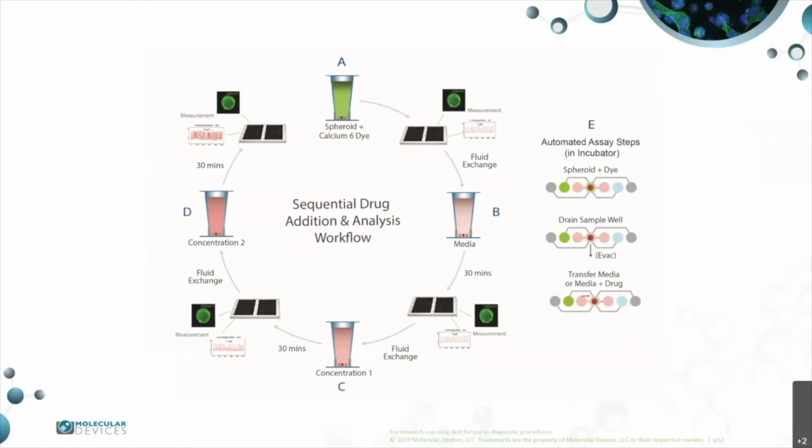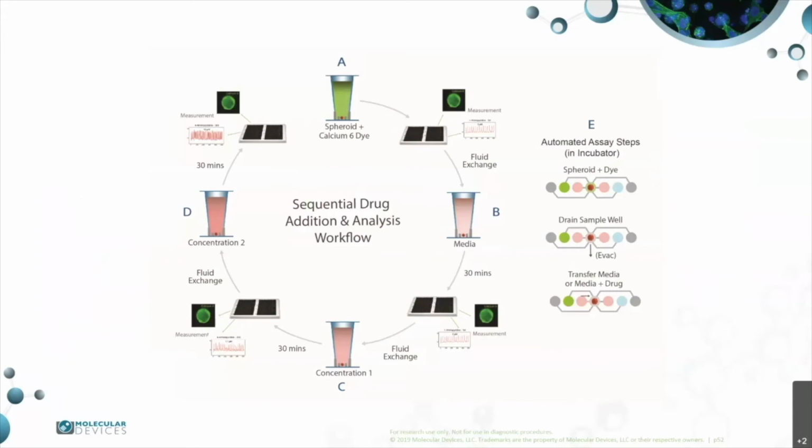Usually without Puma systems, this workflow would be extremely difficult because you cannot efficiently exchange the media with spheroids, because you can pipette it out accidentally, or it's very difficult to completely exchange the media.